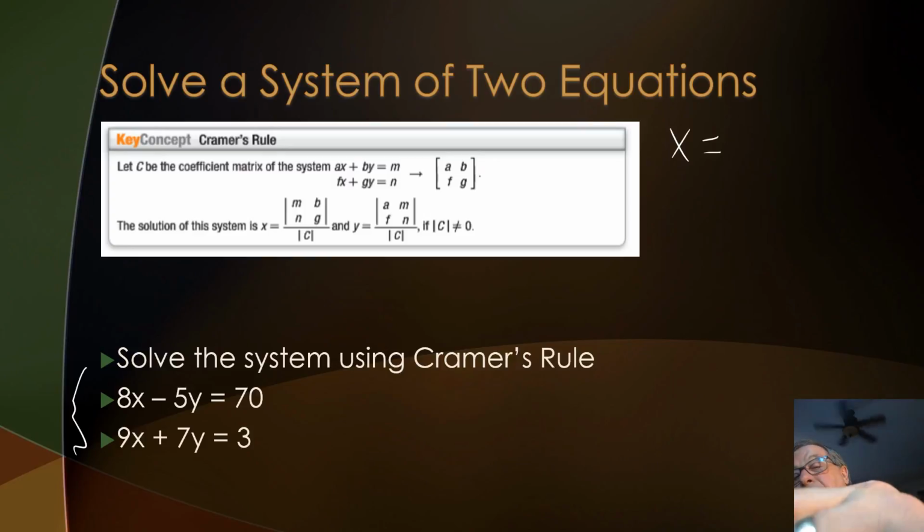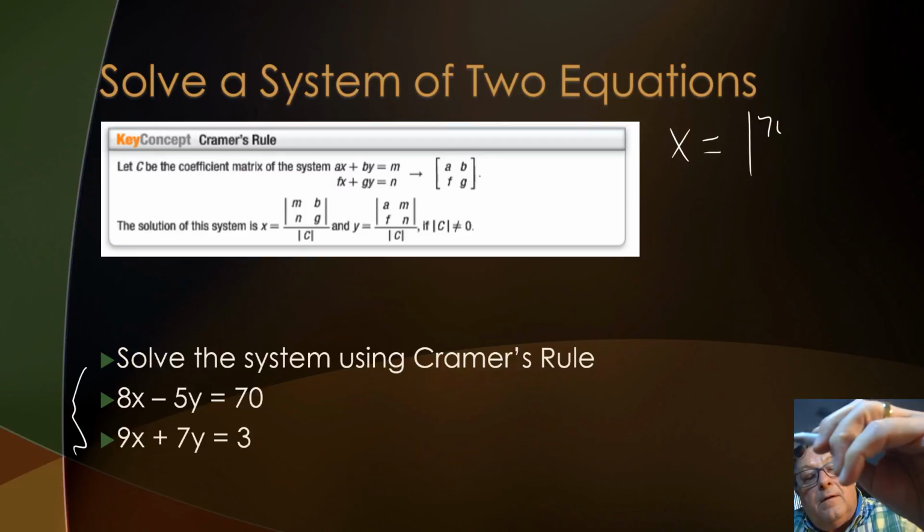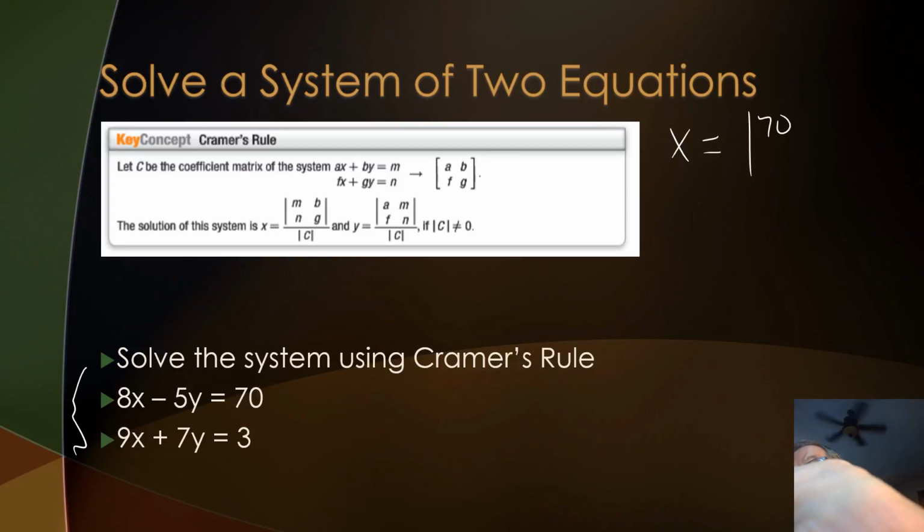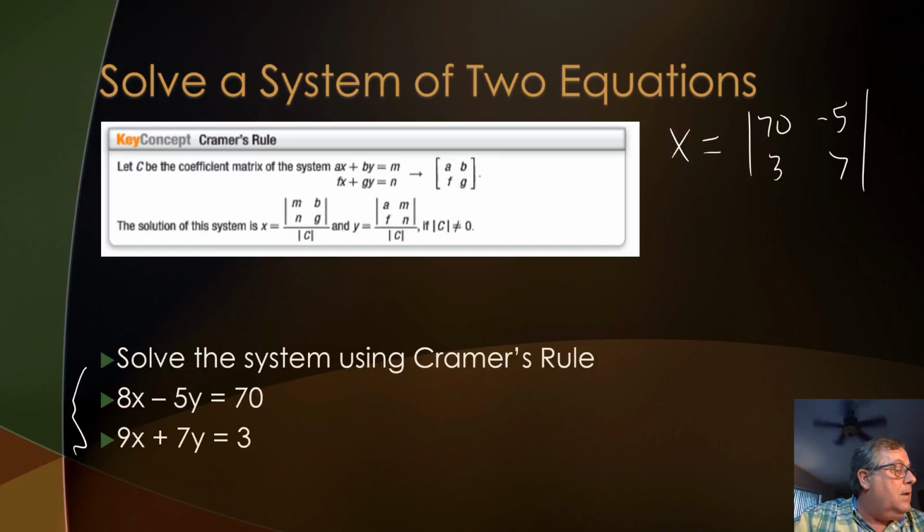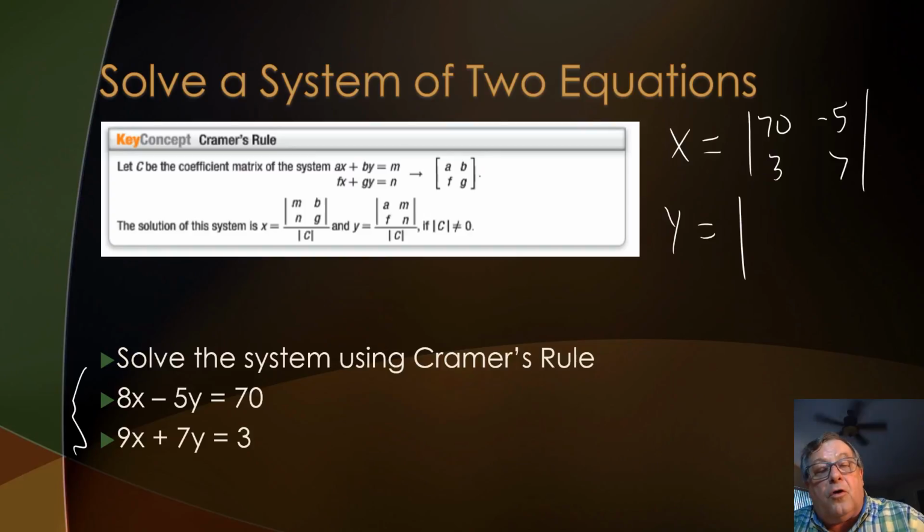We use the constant first, 70 of the first equation, then the y coefficient, -5, and in equation 2 I use the constant, and then the y coefficient 7. All right, so that's going to get me through with the matrix A. Matrix B, which I'm going to call Y, I'm going to use first the coefficient of the x variable, then the constant, and then the coefficient of the x variable, and then the constant.